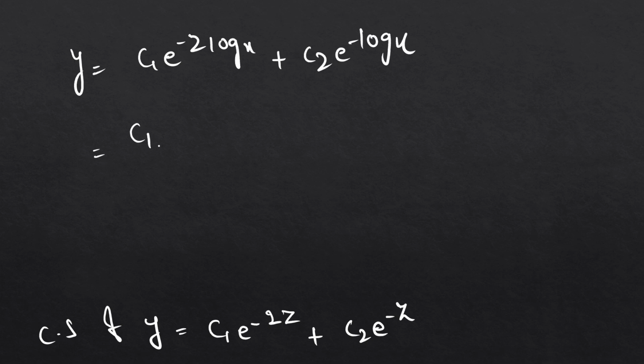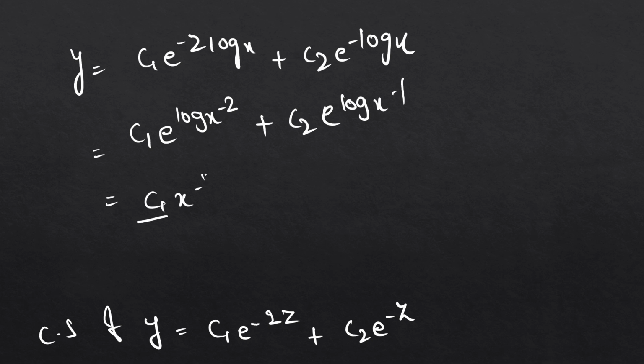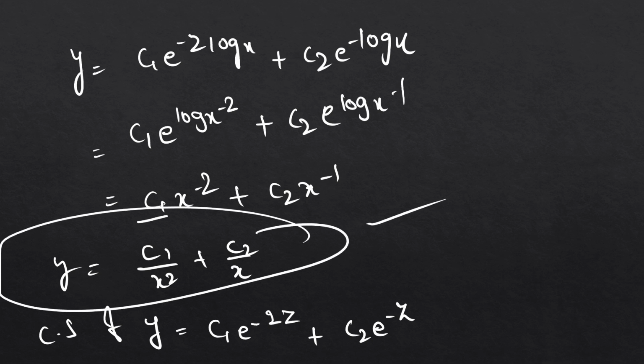So c1 e raised to log x to the power minus 2, c2 e raised to log x inverse. So again e and log cancel, you will get c1 x raised to minus 2, c2 x raised to power minus 1. So it is y equal to c1 by x square plus c2 by x. So this is the solution of our differential equation.